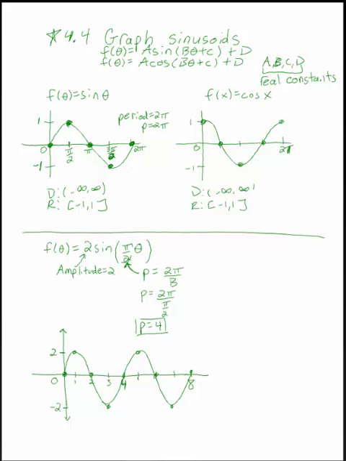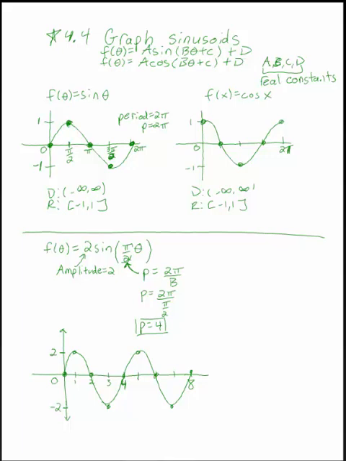And then if I need to draw more cycles, I can just keep the pattern going. So the key is getting 1 cycle neatly drawn, and then if I need to sketch more or do a graph over a larger viewing window, then I can do that, but I spend all the time and energy on getting 1 cycle. Then I can repeat it if necessary.